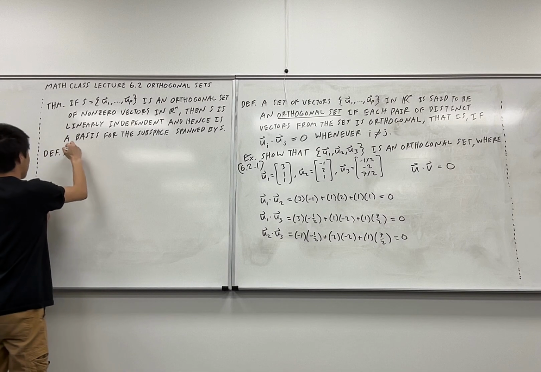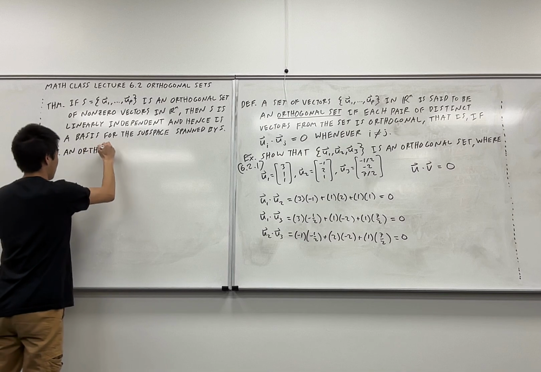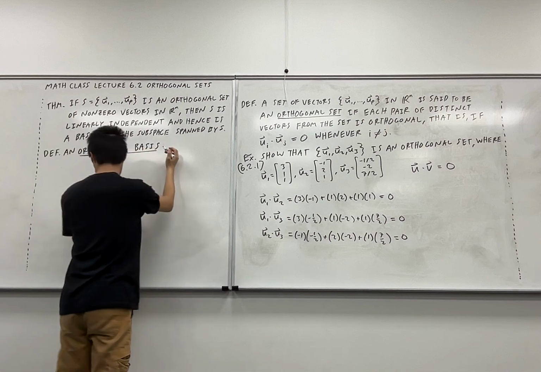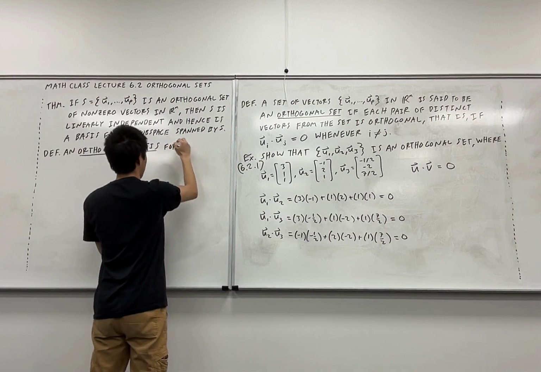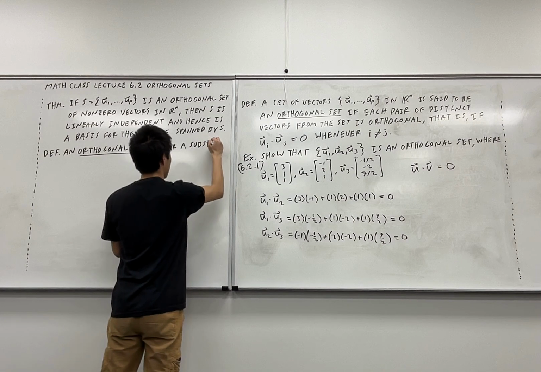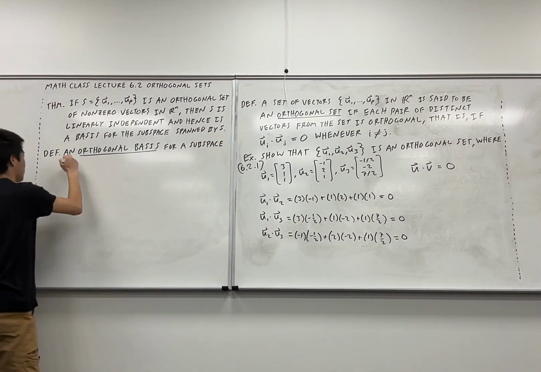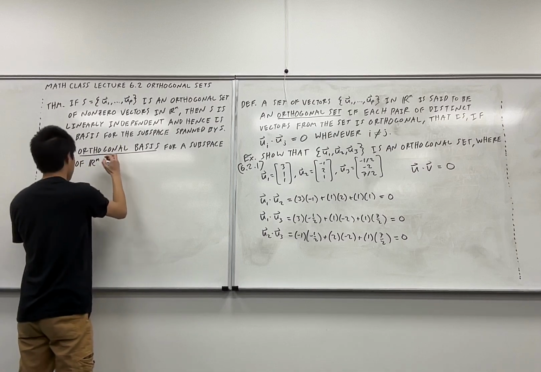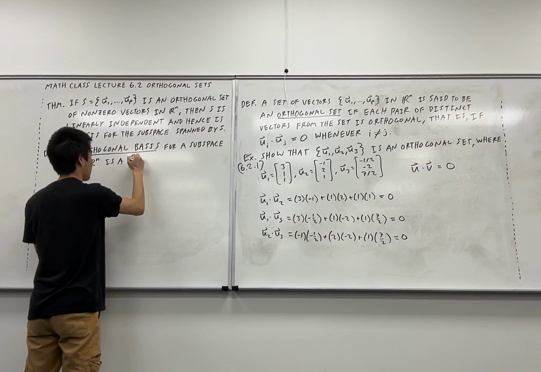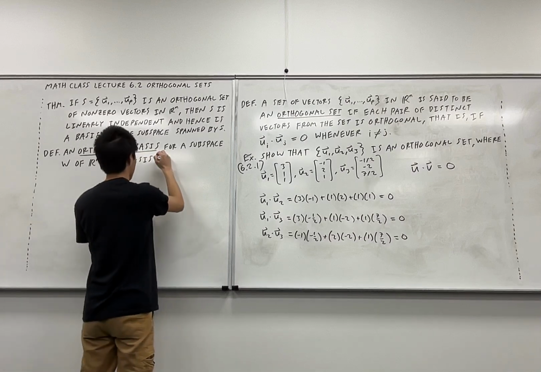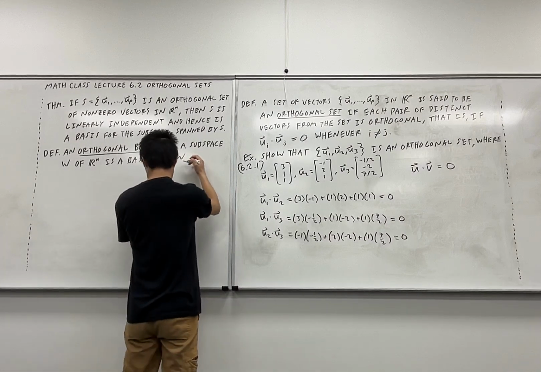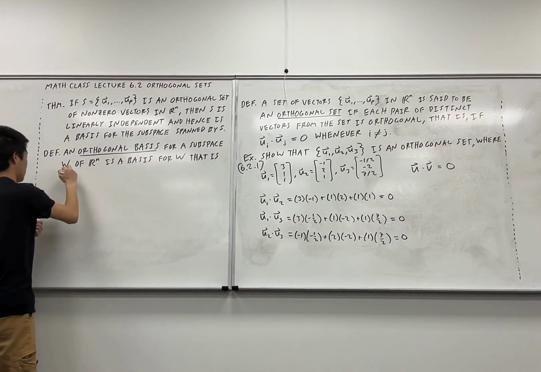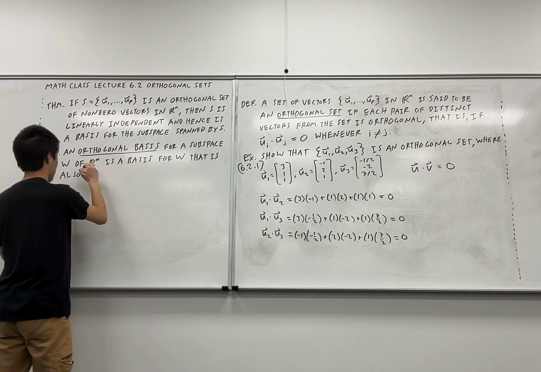An orthogonal basis for subspace W of Rn is a basis for W that is also an orthogonal set.